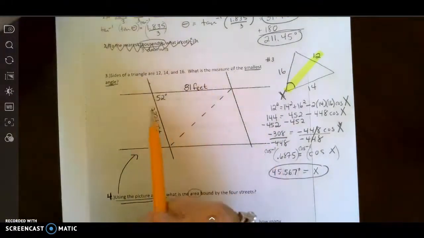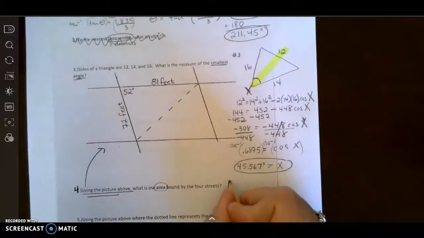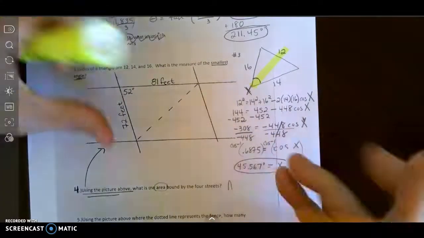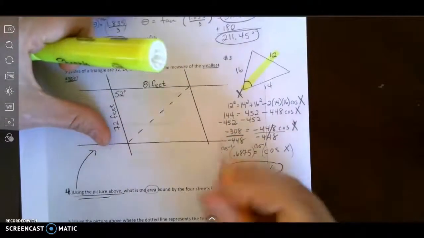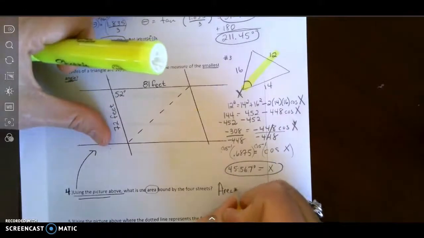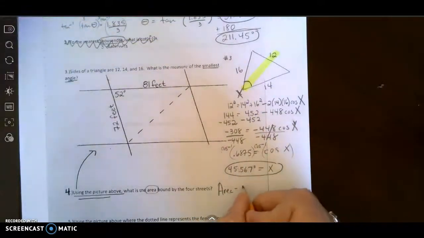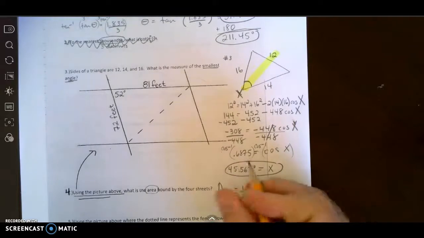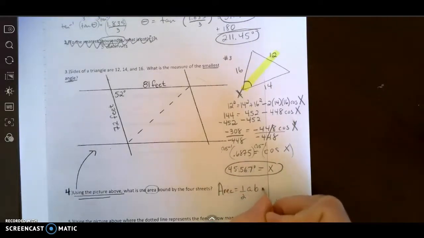We know side angle side, so remember we have that formula, area equals one half times two of the sides, A and B, times the sine of C.